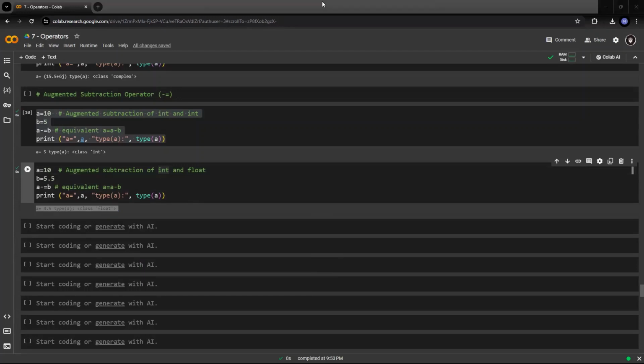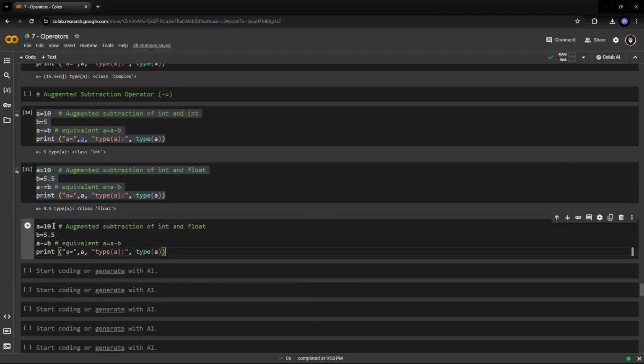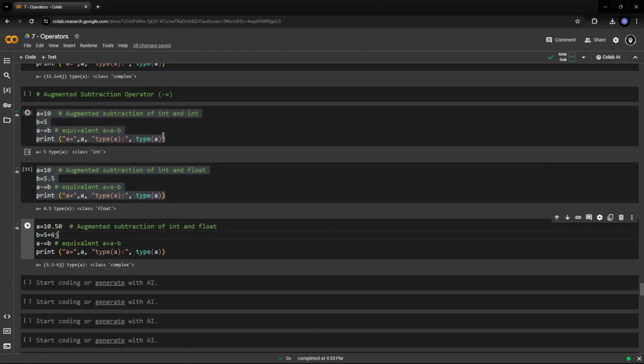So this is how augmented subtraction takes place. Let's see with a complex number as we did earlier. So I'll make it 10.5 and I'll make this 5 plus 6j. Let's see what happens. It should give me a complex class. Yes, you can see this, because the output is a complex number.